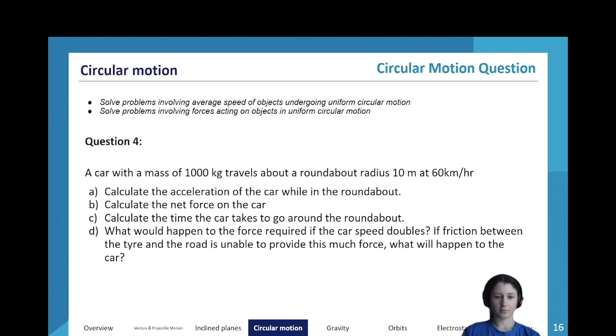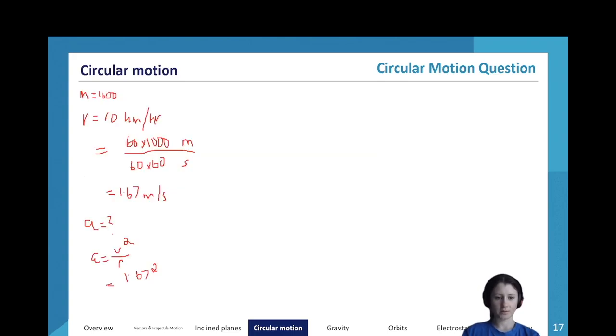I believe our radius was 10 meters. So this will give our velocity, sorry, our acceleration as 0.28 meters per second squared, and that is going to be towards the center.